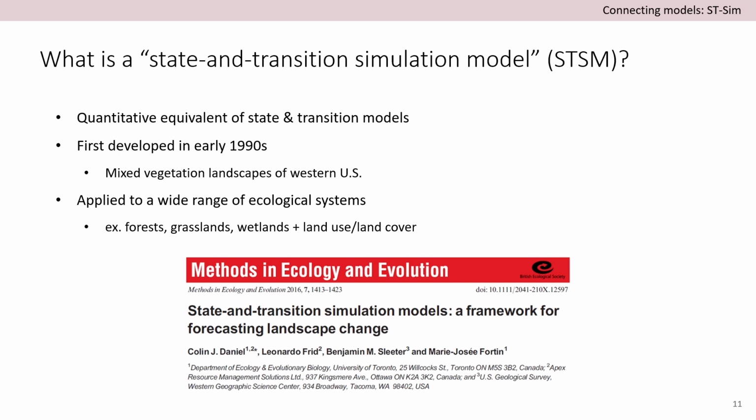The reason, I think, is that there were a lot of forest landscape change models, but not models that could handle many different types of ecosystems, so both forests and shrublands and grasslands. So it was a more general type of approach. The methodology behind this approach, lead author was Colin Daniel, and it's in Methods in Ecology and Evolution, I think a 2016 paper that you see here.